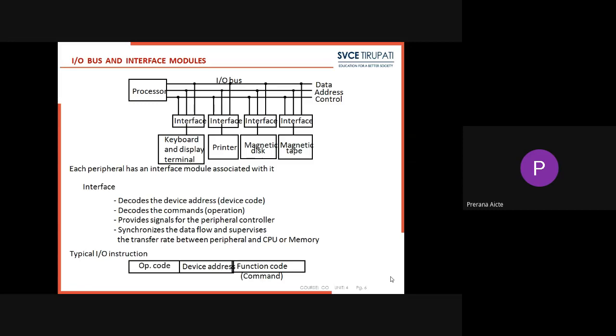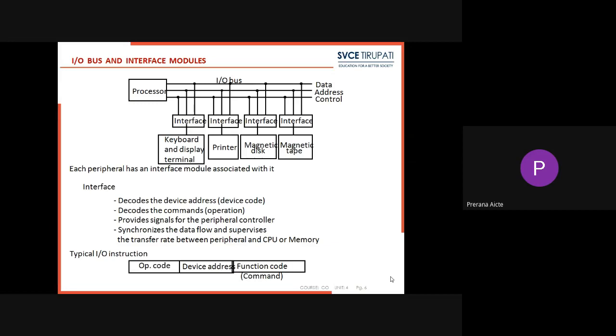Address lines carry the address, data lines carry the data, and control lines carry the control signals, either read or write. The magnetic disc and tape, printer, and terminals are practically employed in any general purpose computer. The magnetic tape is used in some computers for backup storage.